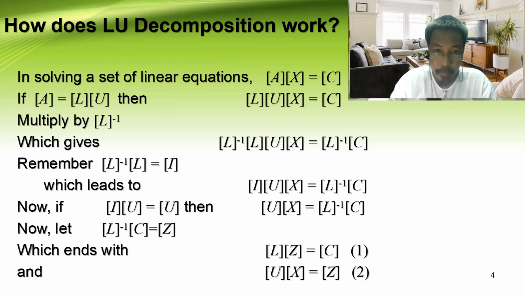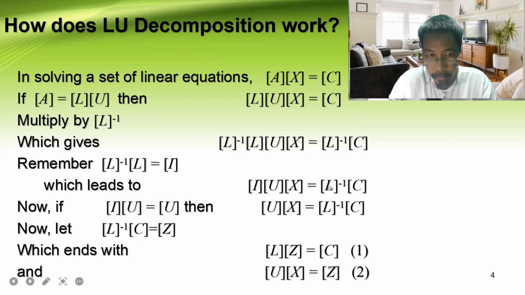So pre-multiply the inverse of L to both sides of the equation. We are not doing anything wrong. Remember, the inverse of L multiplied by L is just equal to the identity matrix, which is just equal to 1.